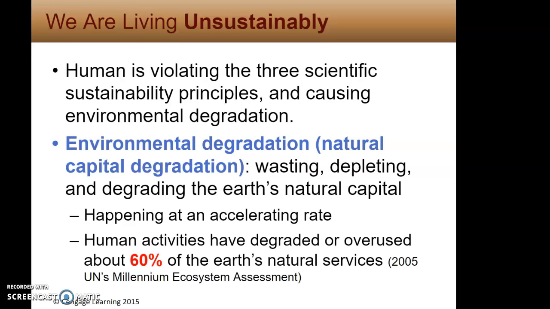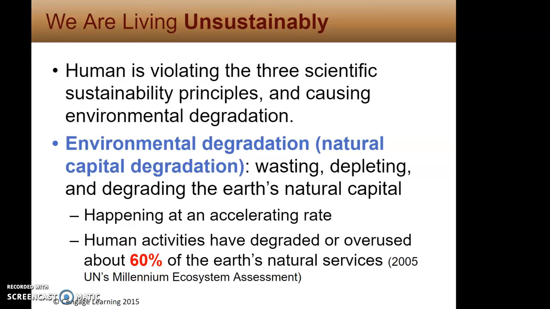So humans have violated all 3 of them, causing environmental degradation. You need to know the definition of environmental degradation. Another way to say it is natural capital degradation, which means wasting, depleting, and degrading the Earth's natural capital.